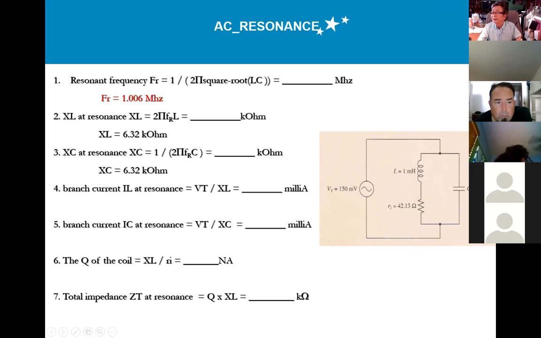Now, if you're looking here, that IL current and that IC current, they call them branch currents, and those currents are supposed to be equal. Why are the currents IL and IC equal?